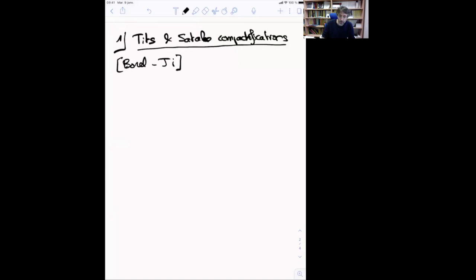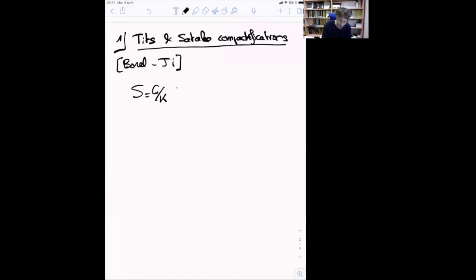The first natural way to compactify the symmetric space, or rather the space SL_n(C) mod K that we considered yesterday. Remember that this space is a space of positive definite Hermitian forms.